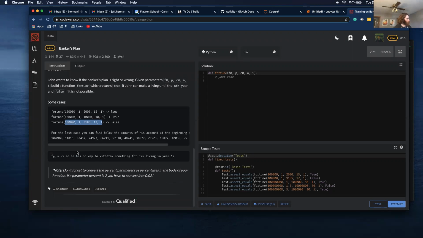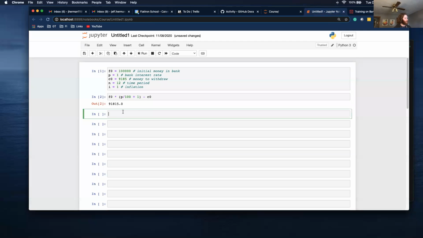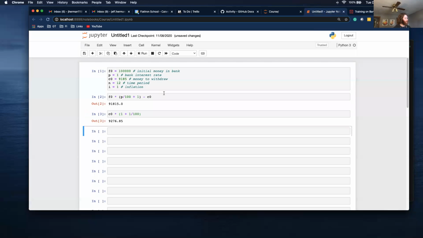So that is right. Now I need to do the cost, which would be cost times inflation: cost times 1 plus I divided by 100.